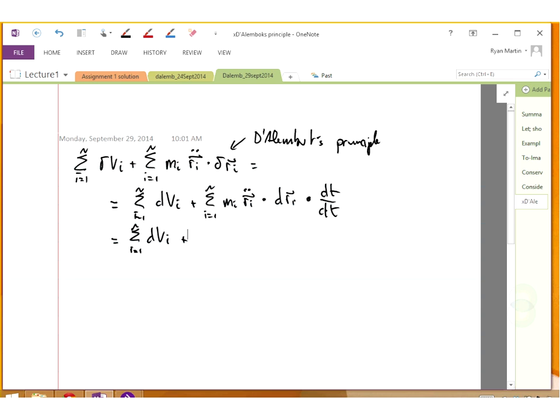So the one that's underneath, I'm going to bring this dt here underneath the dr_i, so that I have r_i dot.